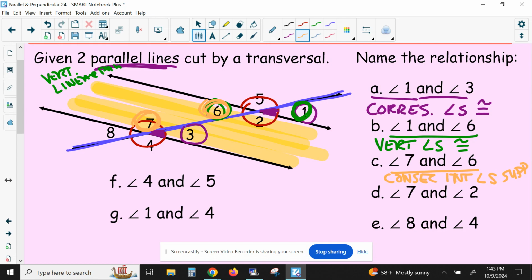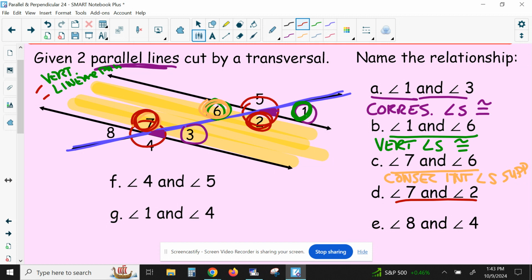Next one, I'm going to go red. 7 and 2. 7 is here. 2 is here. What do you notice about them? They're both interior, aren't they? Okay. They're on different pizzas. So that means that these 2 are off the table because they're different pieces, right? So they are definitely interior.